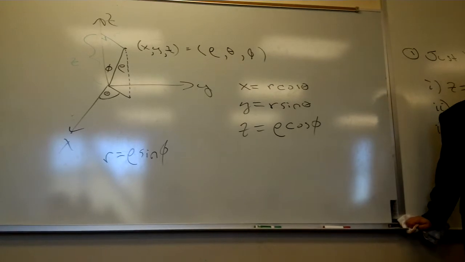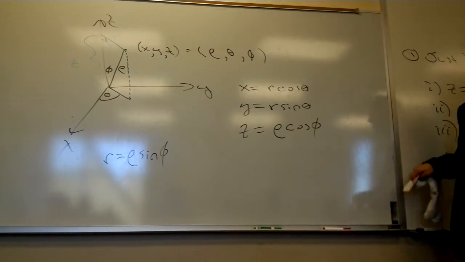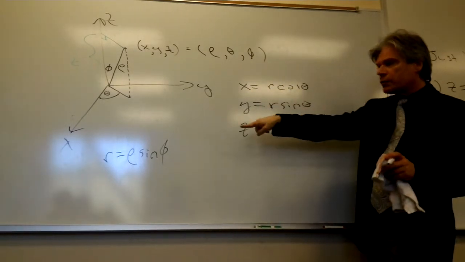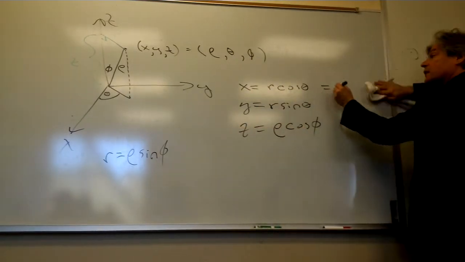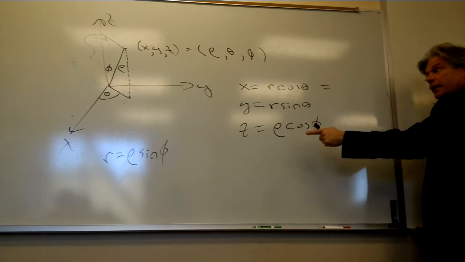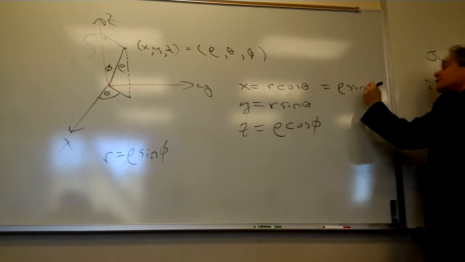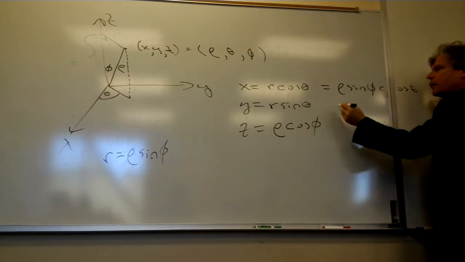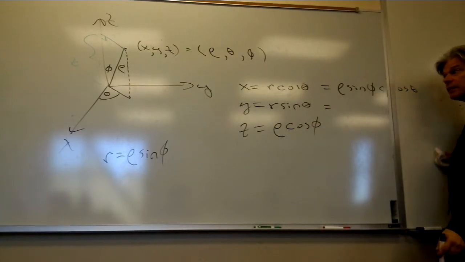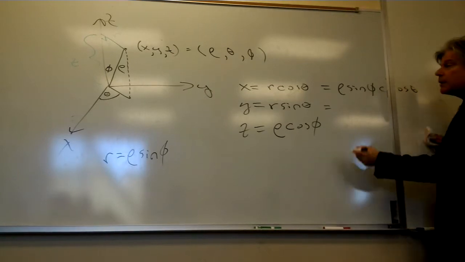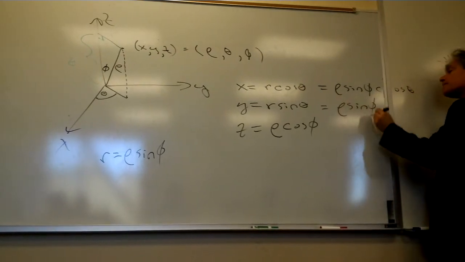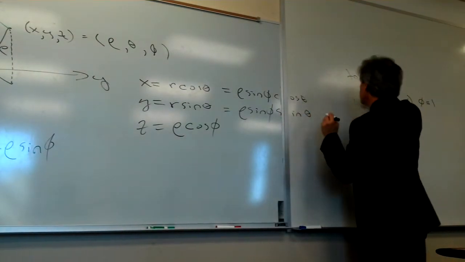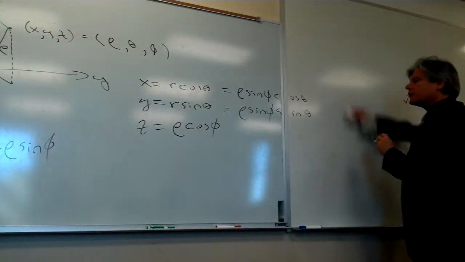Maybe not a mathematical mistake, but I wanted x, y, z represented in terms of rho, phi, and theta, and I got an r in there, so I'll switch it out. x can be represented by r, which is rho sine of phi, times the cosine of theta. And likewise, y is r times the sine of theta, but r's got another name, namely rho times the sine of phi. So rho times the sine of phi times the sine of theta is my spherical representation for the y coordinate.